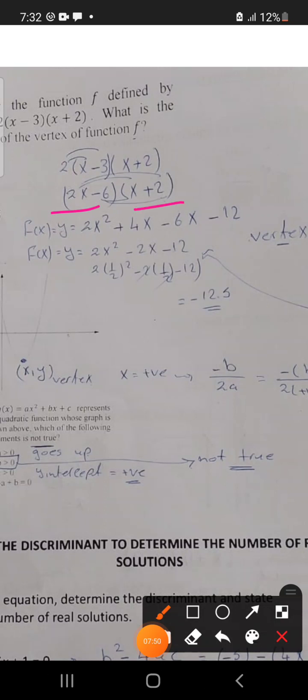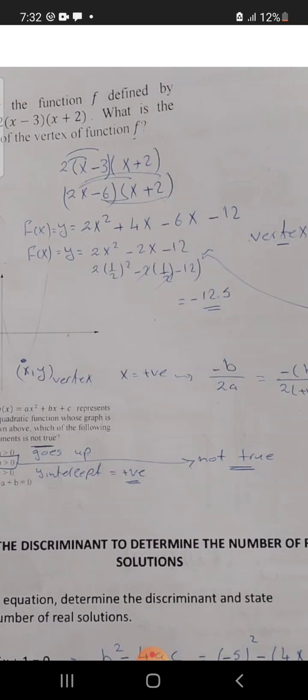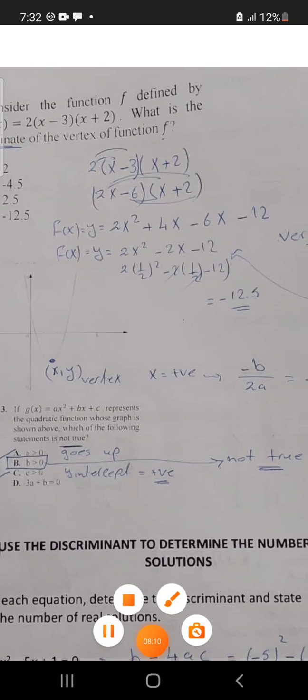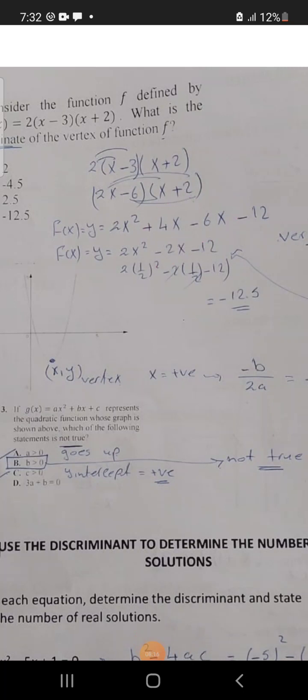Here you have a factored form. You wanted to get the standard form like this. Expand the brackets. 2x times x, 2x squared. 2x times 2, 4x. Then -6 times x, -6x. -6 times 2, -12. Then combine the like terms here. 4x minus 6x, -2x. So 2x squared minus 2x minus 12.